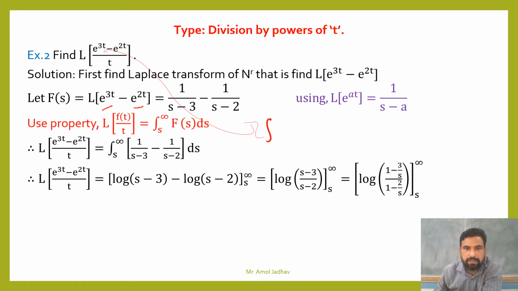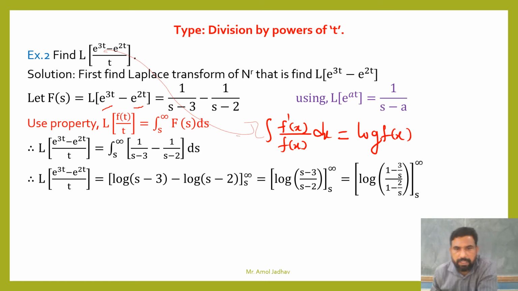we know the result: the integral of f dash x divided by f of x dx is log of f of x. When the denominator is a function and the numerator is the derivative of the denominator, the integration is log of f of x.